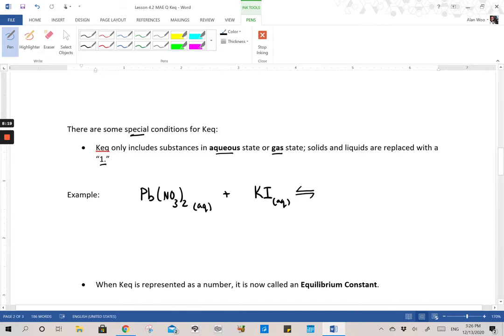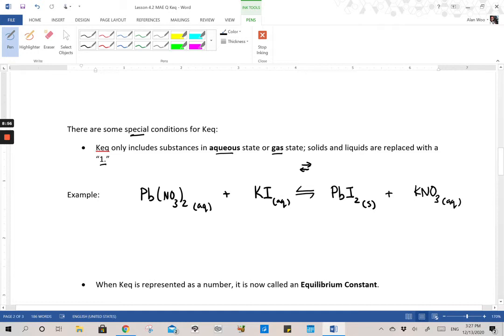Okay, so they can look like this, or they can literally just look like 2 arrows. Doesn't matter. You'll see both of these arrows being used for equilibrium. And that is going to give us a double replacement reaction. And you're going to form lead iodide, PbI2, solid, okay, because it precipitates, and KNO3, aqueous.